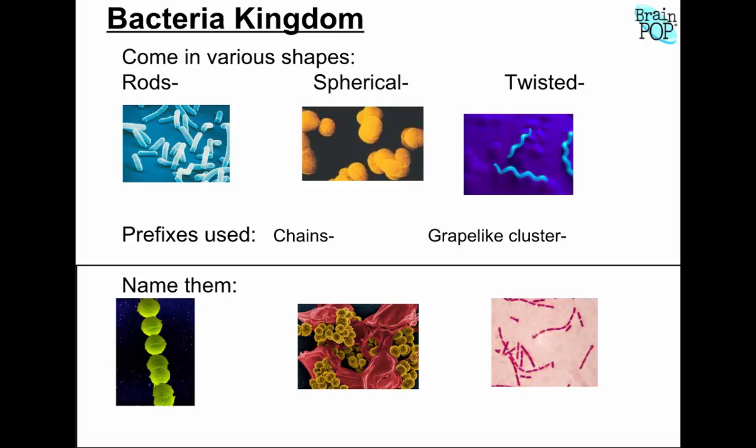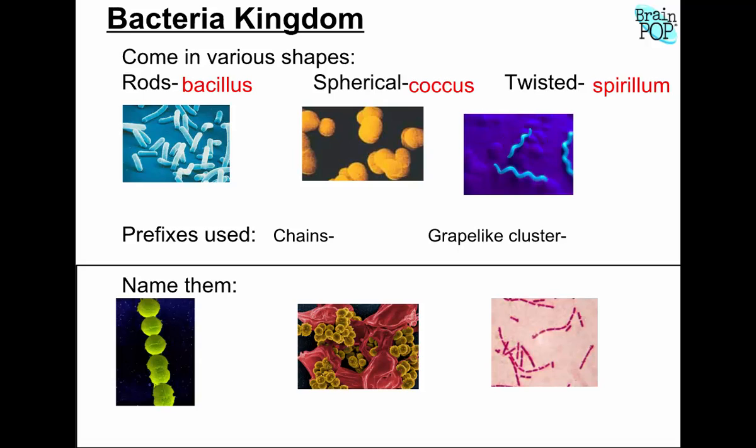So bacteria come in different shapes, and we use terms for those shapes. Bacillus is the name for rod-shaped bacteria, kind of cylinders. Spherical bacteria are called coccus. And twisted up bacteria like these are called spirillum.